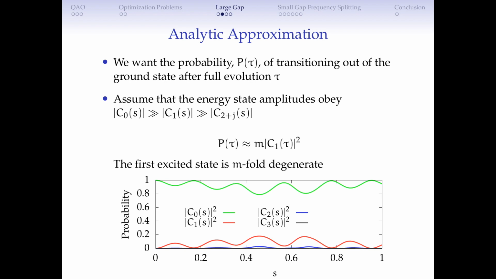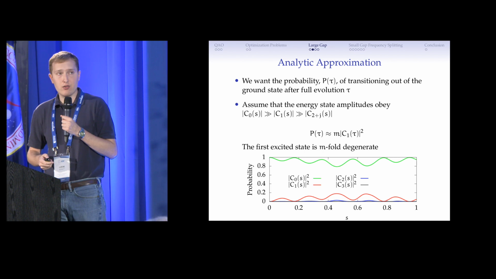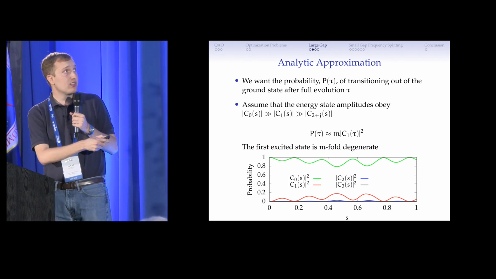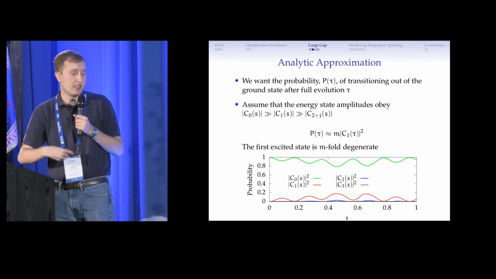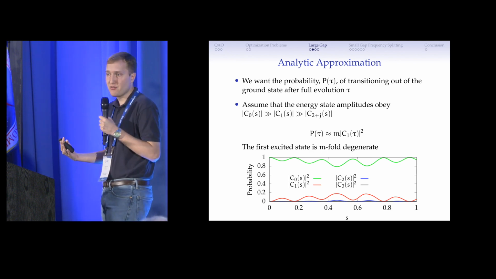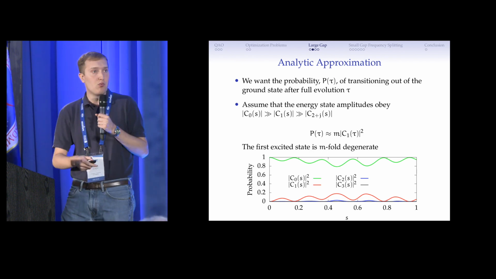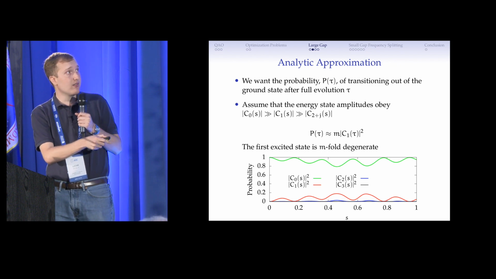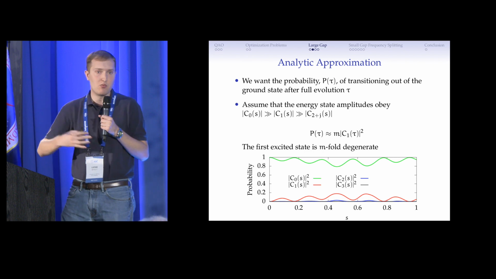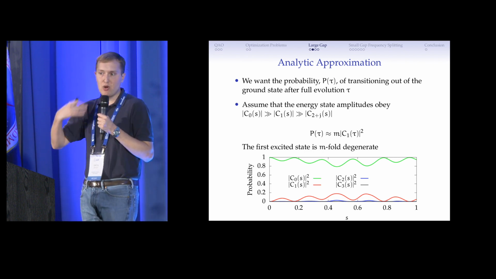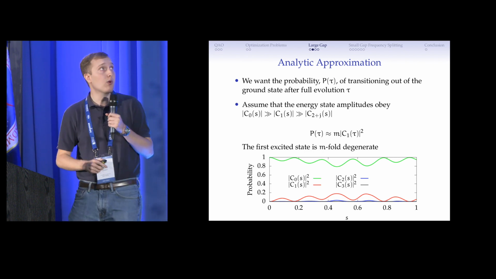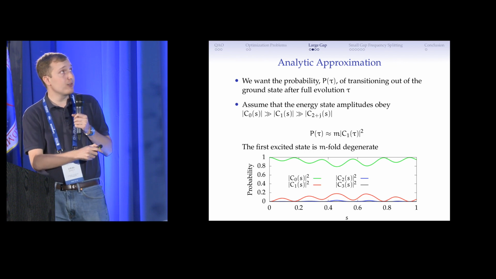Some assumptions that we're making here that we'll also make in the small gap case are, first off, we're mostly staying in the ground state. So this C naught is the probability amplitude for being in the ground state, and we might allow some transition to the first excited state, and essentially the other excited states, we might transition to them a little, but we're going to ignore that for our purposes of approximation.